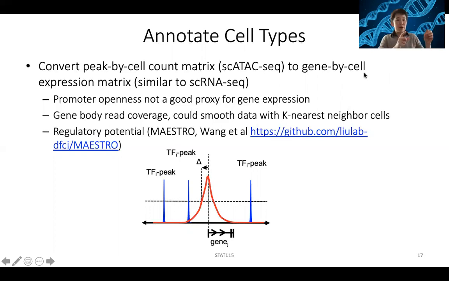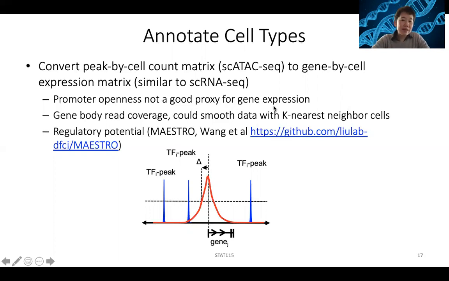So if you can combine the peaks so that every gene has a number, then the ATAC-seq data will look almost the same as your single cell RNA-seq, and hopefully they will overlap with each other and you can make them work.